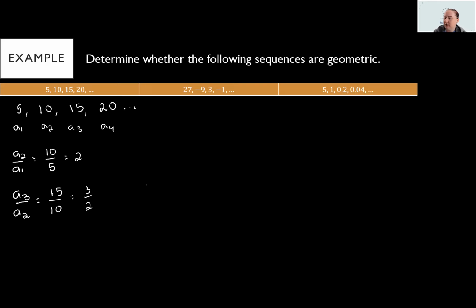So I don't need to check the next one, because I immediately see that these are not the same thing. One ratio is 2, the other is 1.5. So I don't need to check A4 and A3, because I already know that it is not geometric. And it is, in fact, arithmetic, because you can see that you're adding 5 to each number in that sequence.